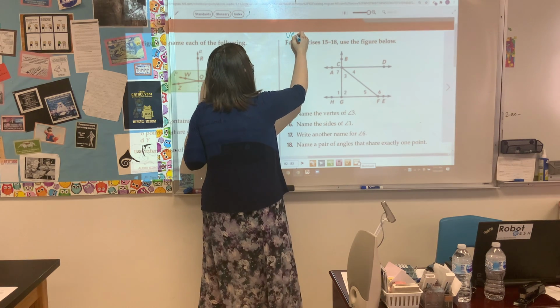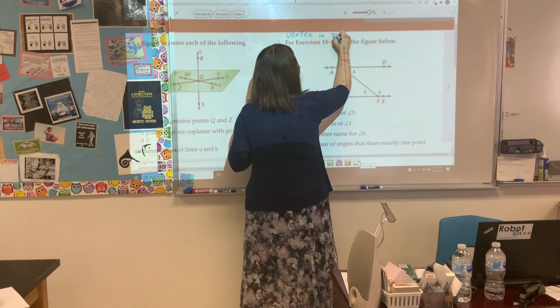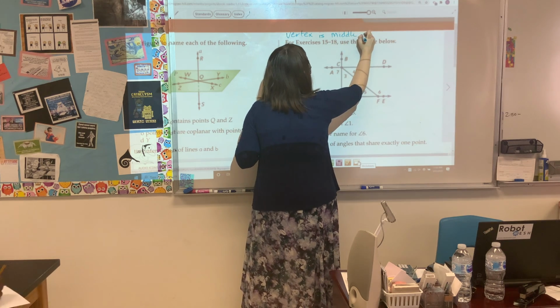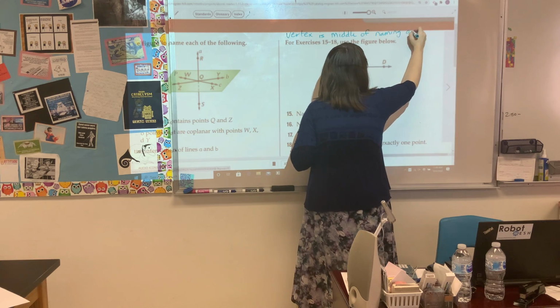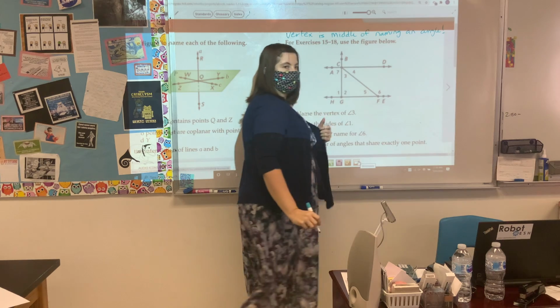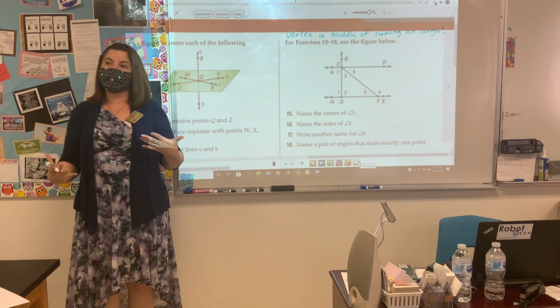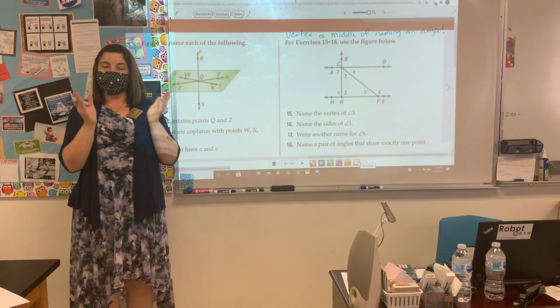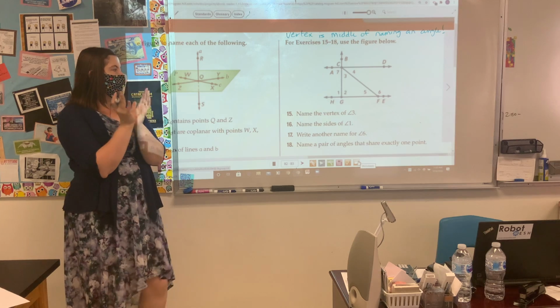The vertex is the middle of naming an angle. Very important. I can't put the vertex somewhere else, otherwise I'm not naming that angle. That central point where the sides meet has to be the middle.